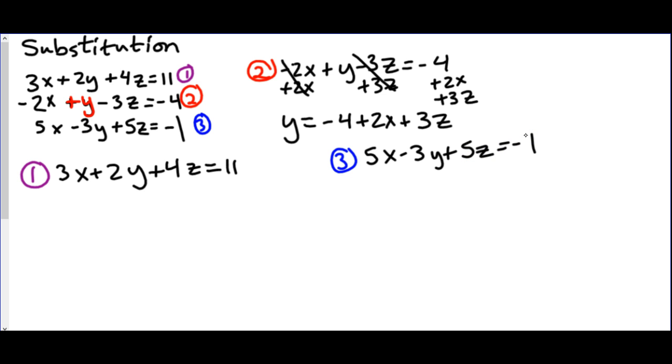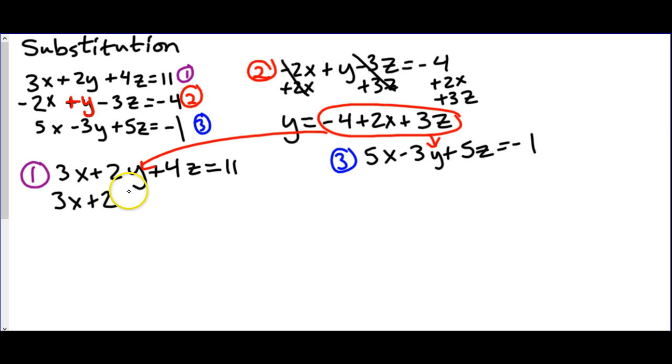Now in both of these equations, we're going to take what we found for the letter y, or it could have been another letter. Maybe we replaced the letter x, or we solved for the letter z. We're going to replace the letter y in each equation with that information we just found. So we would get 3x plus 2 times negative 4 plus 2x plus 3z.